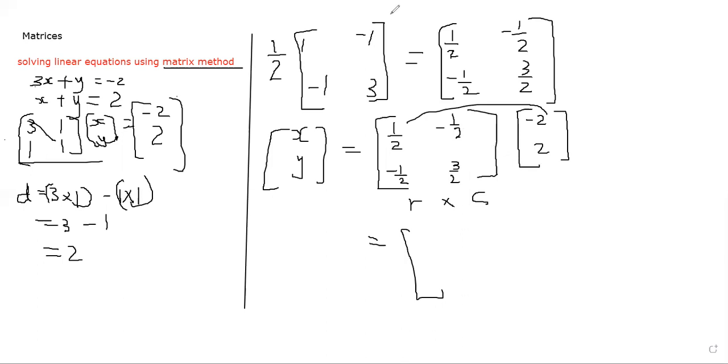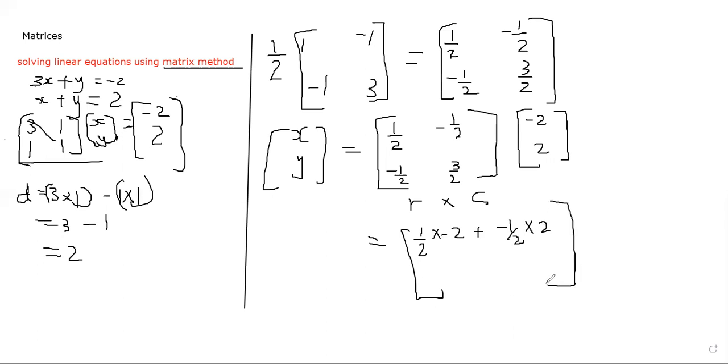So simply what we're saying there is that we have a half times -2 plus -1/2 times 2. That is for upwards.